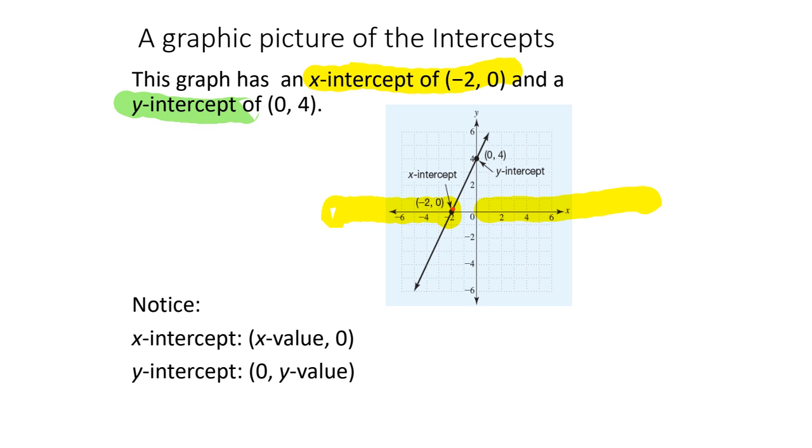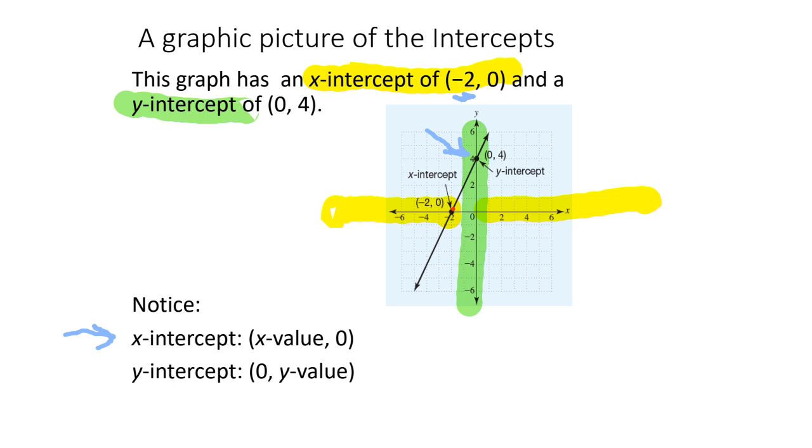Notice that it is this point right here. 0, 4. Well, notice here, the x-intercept has a value for x, which was -2, followed by 0.